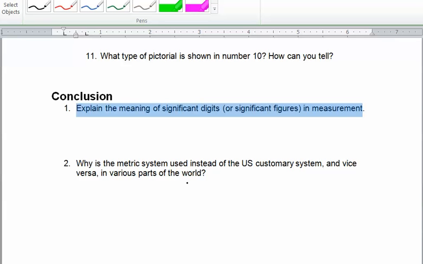Why then do they use the metric system instead of the customary system, let's say in Europe? Well, because in Europe, if everybody's on the metric system, then all the units are similar. A meter is a meter, a centimeter is a centimeter, a gram's a gram, a liter is a liter, and whatnot.